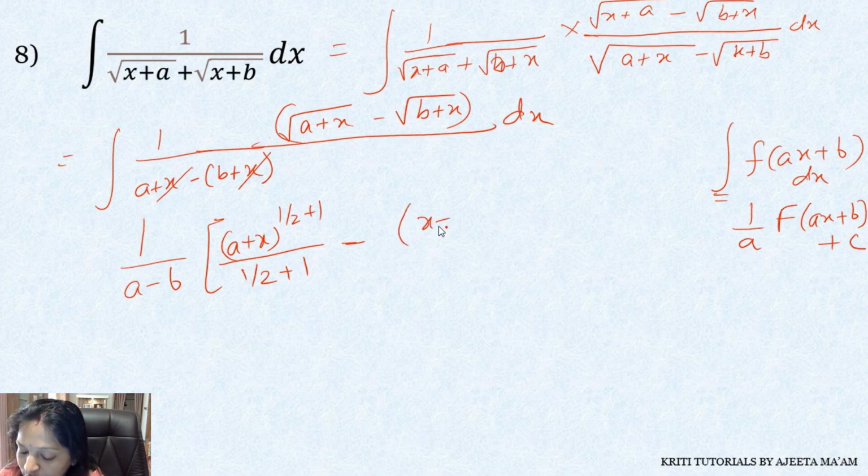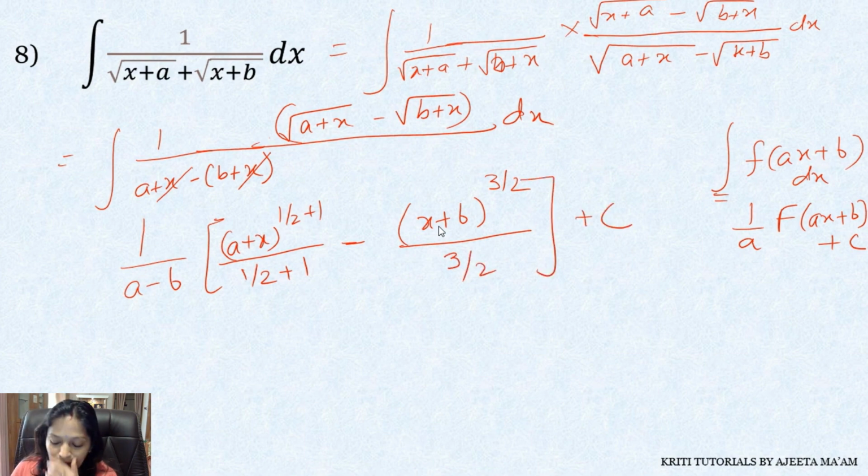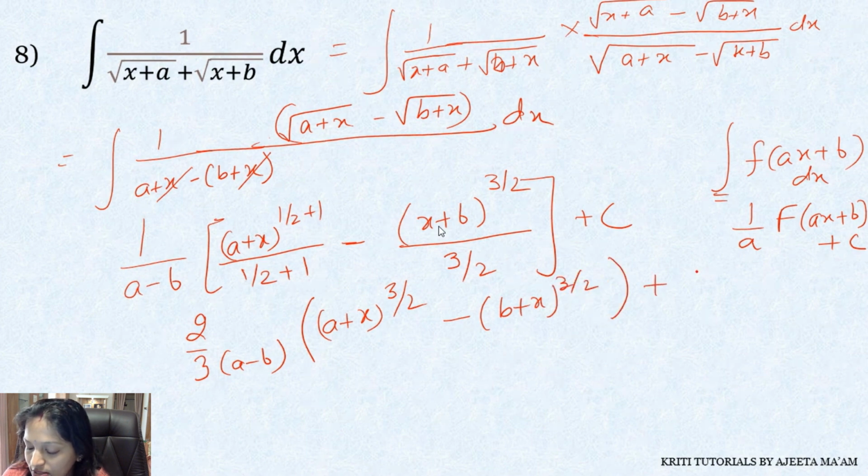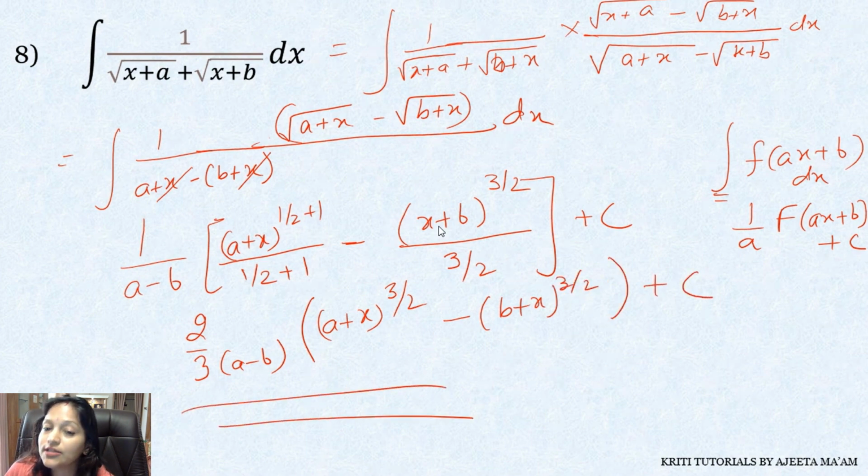So here we get simply x plus b raised to 3 by 2 upon 3 by 2. Simply the power rule. Right? Now we get here 2 by 3 common. And here we get a plus x raised to 3 by 2 minus b plus x raised to 3 by 2 plus c. So this is our final answer.